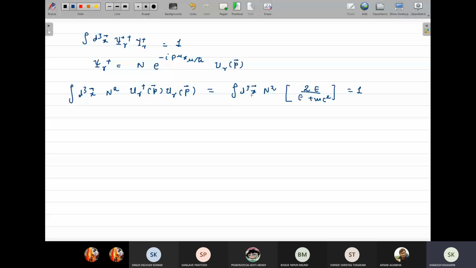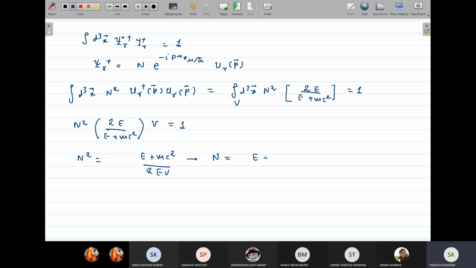Now I will integrate over some volume. So this will be N square into 2E divided by E plus mc square times V equal to 1. So N square is equal to E plus mc square divided by 2EV, and N equals the square root of E plus mc square divided by 2EV.